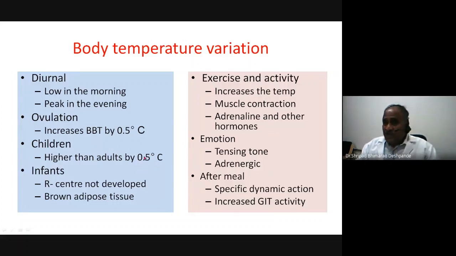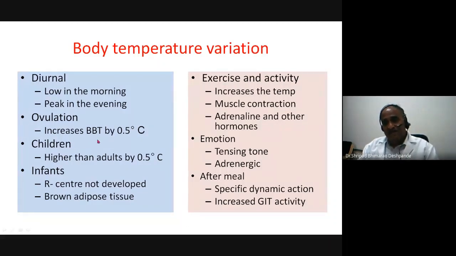Say you are taking it in the evening hours, he has consulted you in the evening, he has played, and his metabolic activity is higher than the adults'. So in that situation, the temperature is a little higher. Similarly, between male and female differences, the temperature may be higher in males, where metabolism is higher.